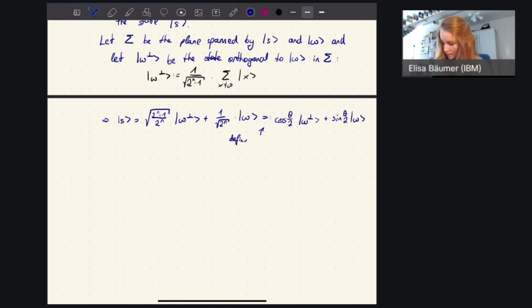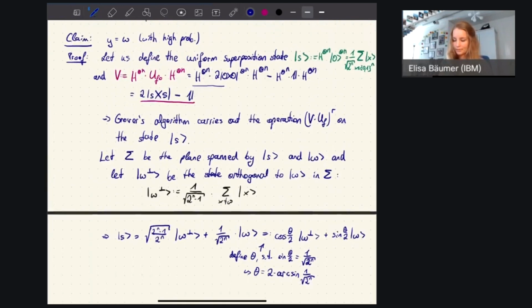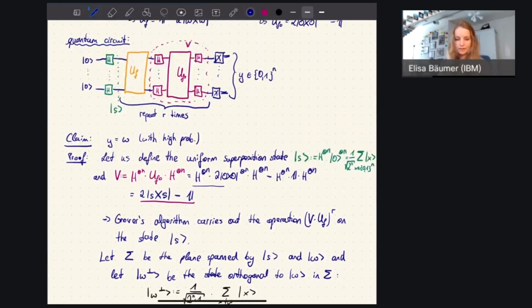So we define theta such that sine of theta over 2 equals 1 over square root of 2 to the power n, which means that theta is 2 times arc sine of 1 over square root of 2 to the power n. Good. These were just some definitions that will simplify our algorithm, given by this quantum circuit here, by a lot.